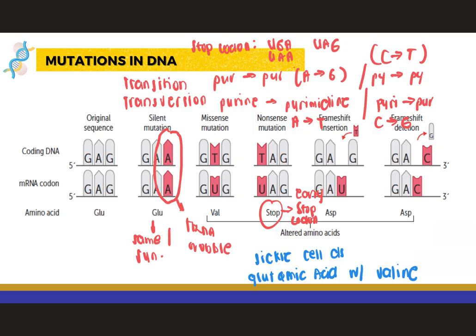So, now let's go to other types of mutation. We have your frameshift mutation and splice mutation. In your frameshift mutation, ang nangyayari dito, nagkakaroon ng deletion or insertion of any number of nucleotides not divisible by 3. So, nagkakaroon ng misreading of all nucleotides downstream. The protein here may be shorter or longer and its function may be disrupted or altered.